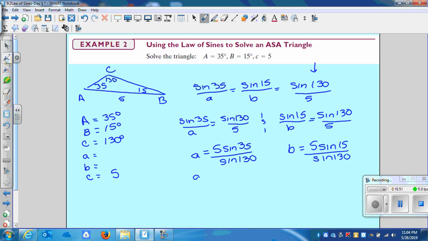And go ahead and do your calculations on your calculator to get your approximations. So 5 sine 35 divided by sine 130 is approximately 3.74. And the second one, 5 sine 15 divided by sine 130 is about 1.69. So I'm going to go ahead and fill that in on the side over here.